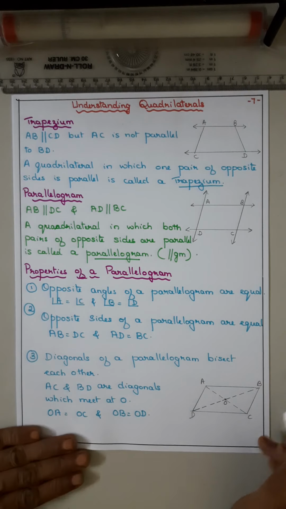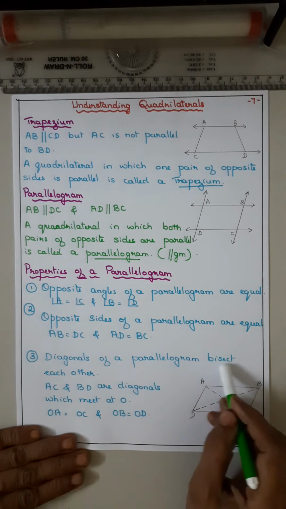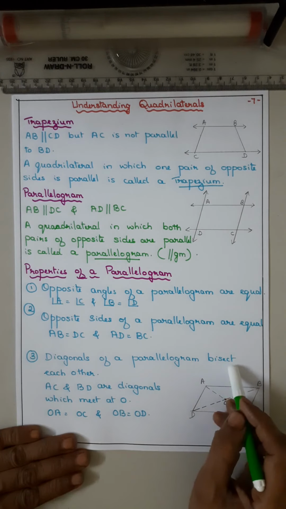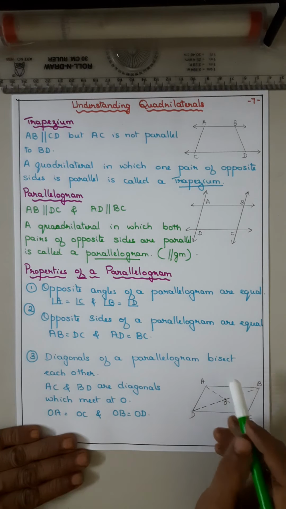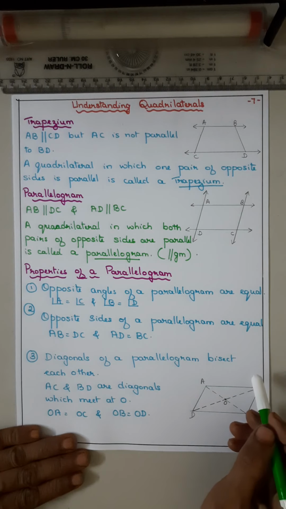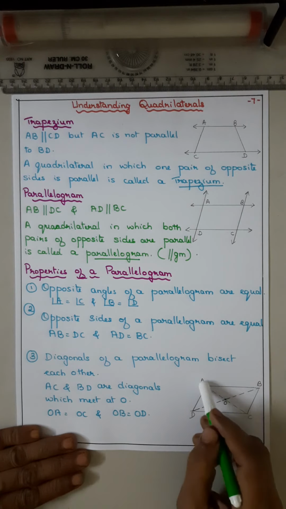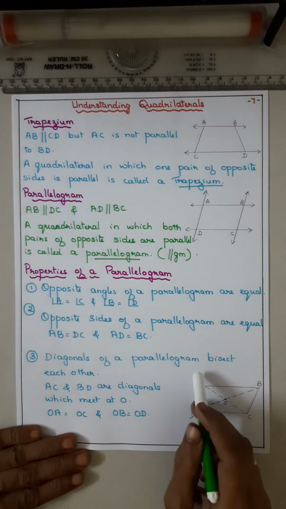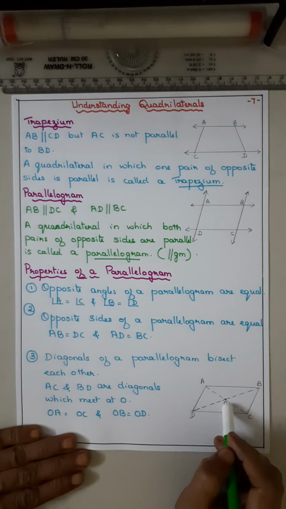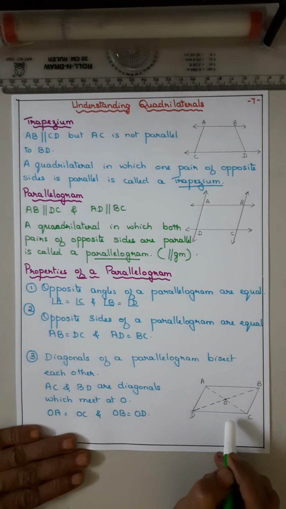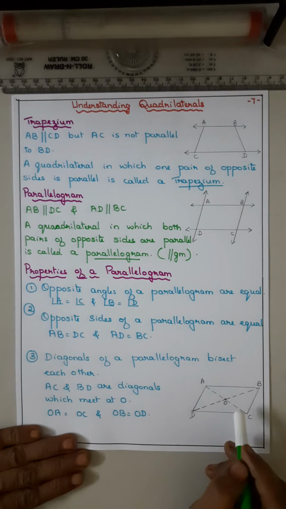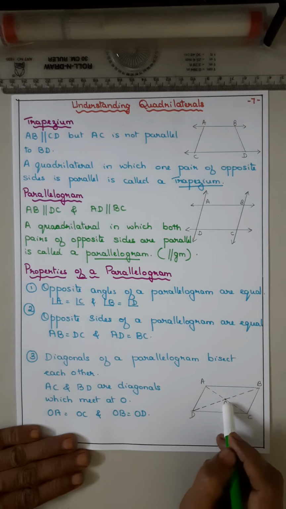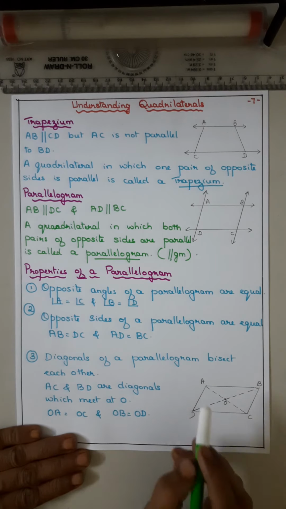Now third, diagonals of the parallelogram bisect each other. Now what is the meaning of bisect? Bisect means it divides into two equal halves. So AC bisects BD and BD bisects AC at O. They bisect each other at O. Means what?